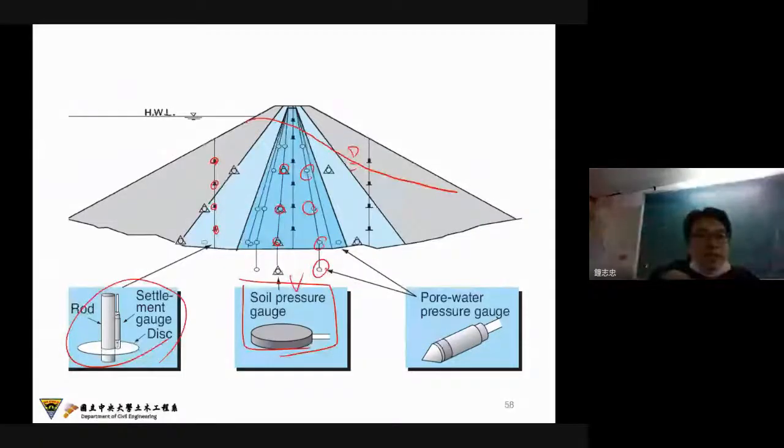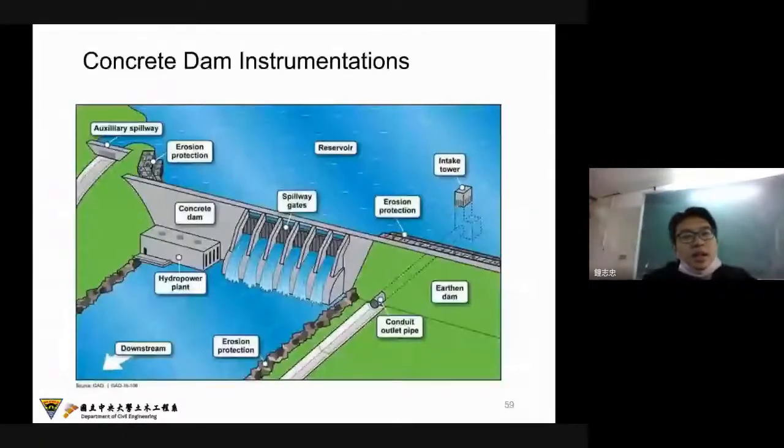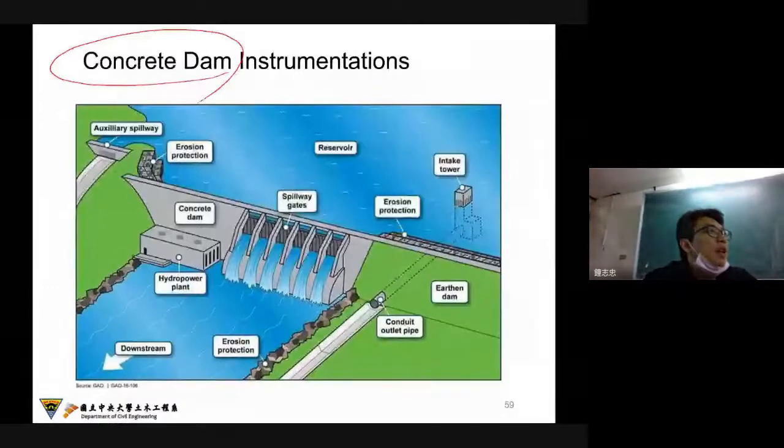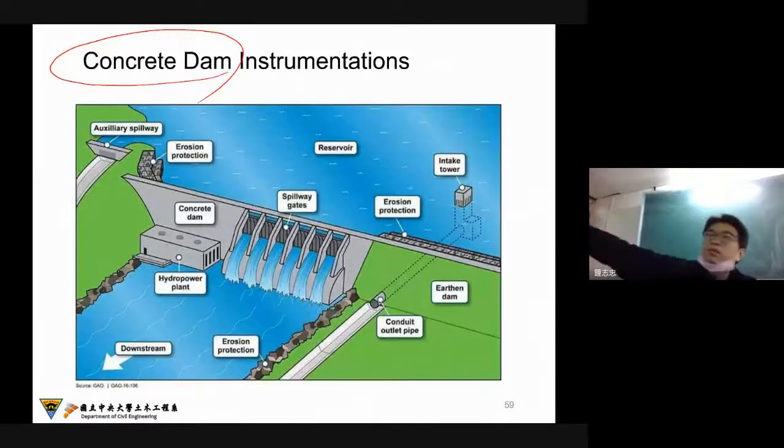But I just mentioned the earth dam, and next I would like to show you the gravity or concrete dam. This is the typical picture of a gravity dam or earth dam.